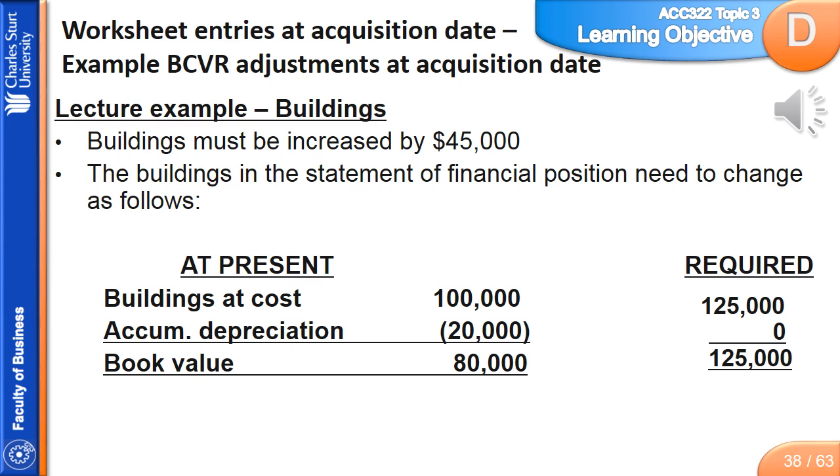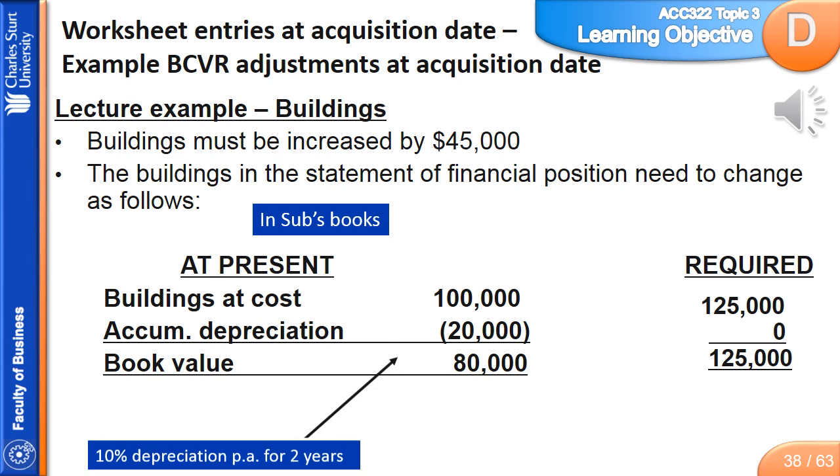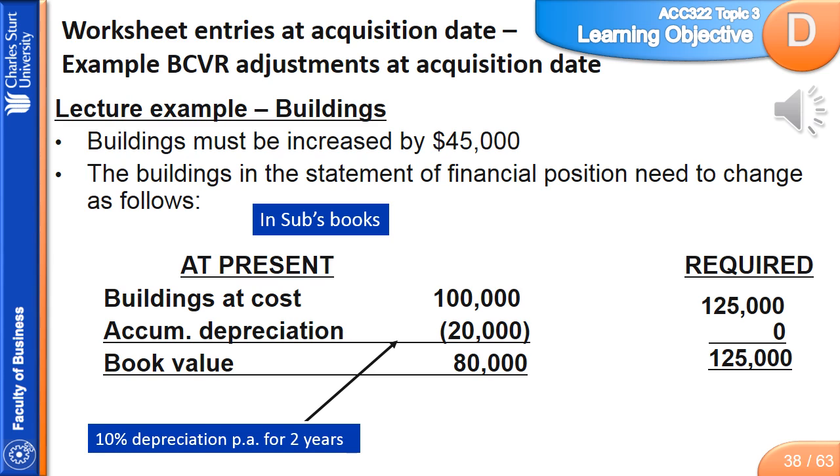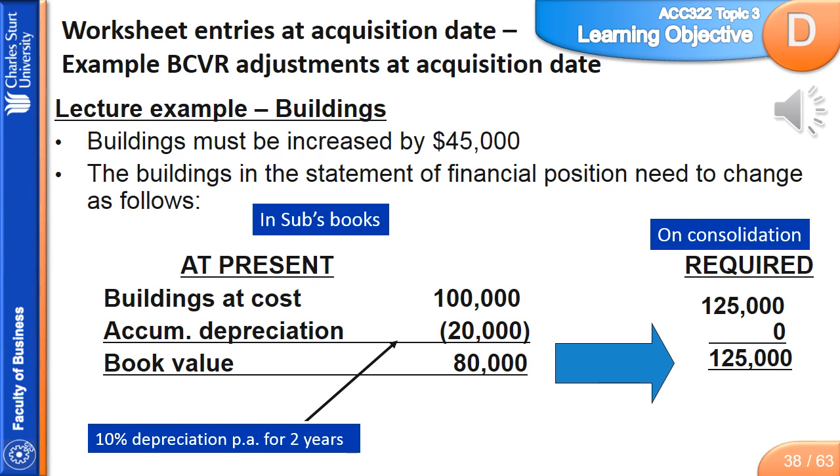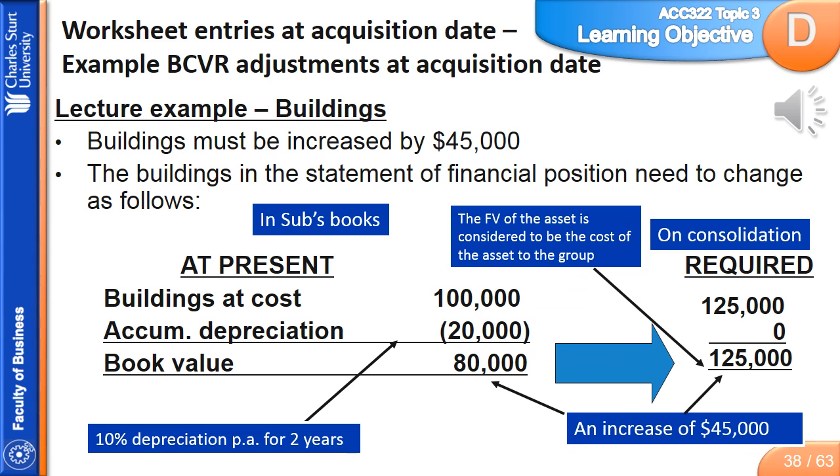We were told the cost and the accumulated depreciation amounts, which were $100,000 and $20,000 respectively, and deducting that accumulated depreciation leaves us with a book value of $80,000. That means the $45,000 needs to be applied to that $80,000, which would bring it up to the fair value of $125,000 within the consolidated accounts.